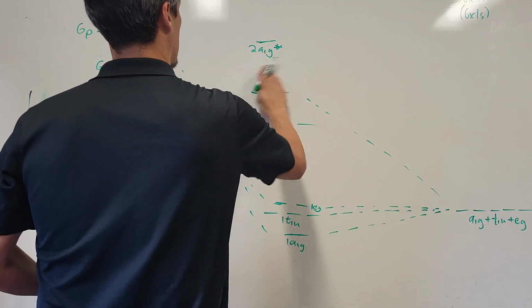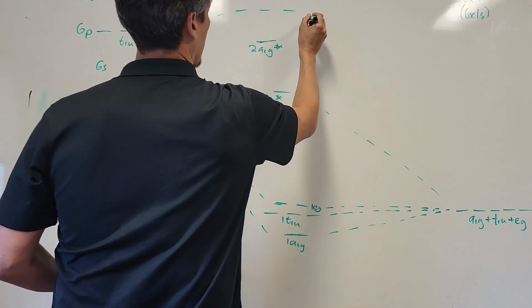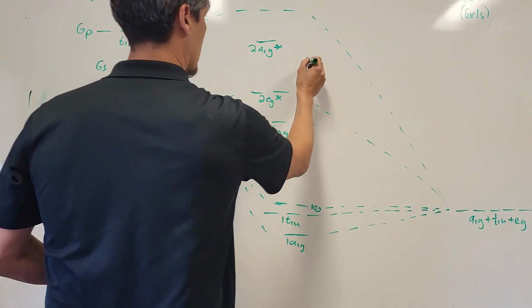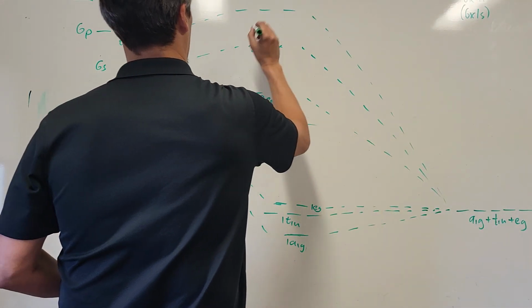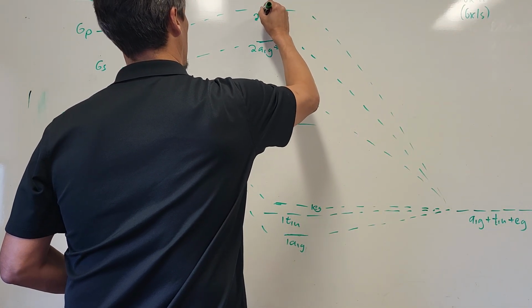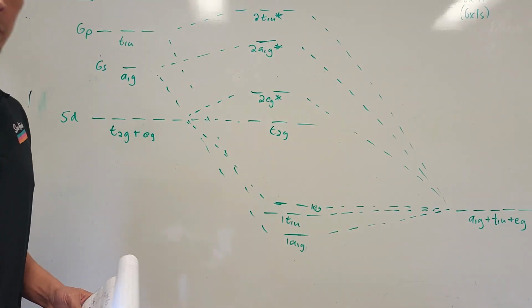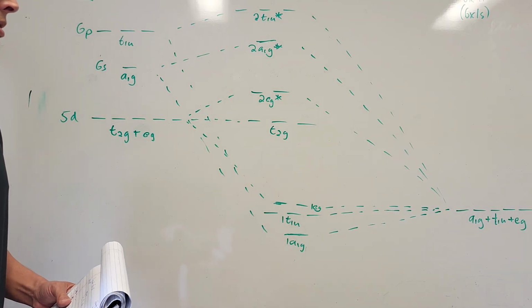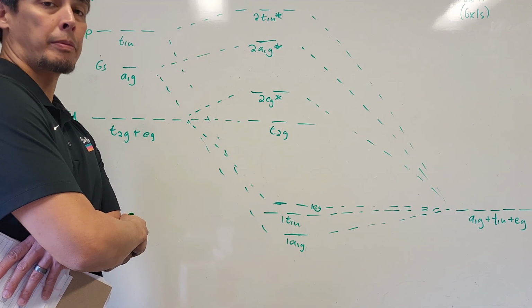T1u should be a lot higher in energy than the Eg, and then the A1g, like this. 2T1u. And this gives us what we expect for our ligand field diagram for platinum 4 hexahydride.